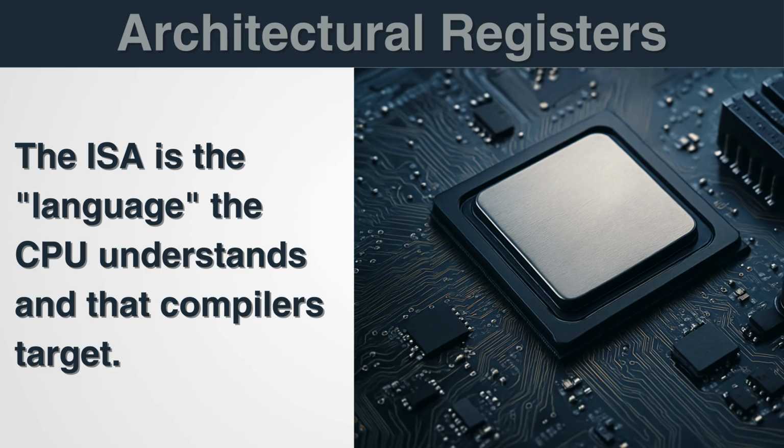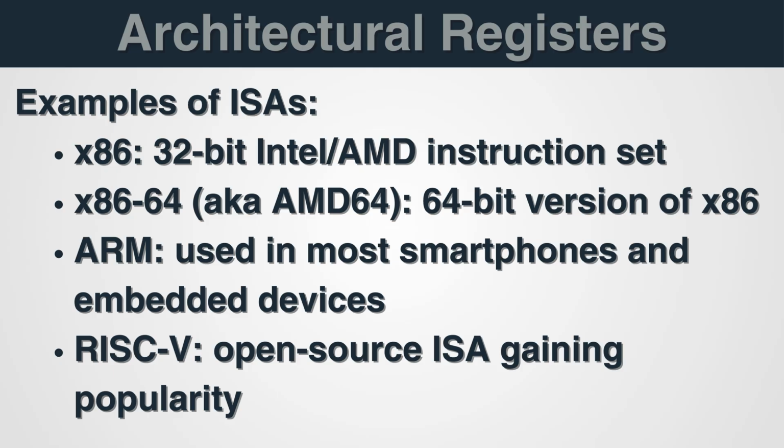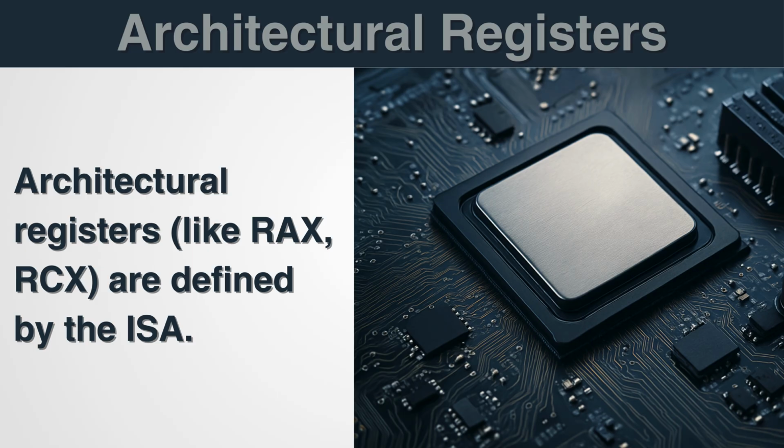We've got examples of ISAs: x86, the 32-bit Intel/AMD instruction set; x86-64 or AMD64, the 64-bit version of x86; ARM, used in most smartphones and embedded devices; and RISC-V, an open source instruction set architecture that's been gaining popularity. All of this matters as architectural registers are defined by the ISA.